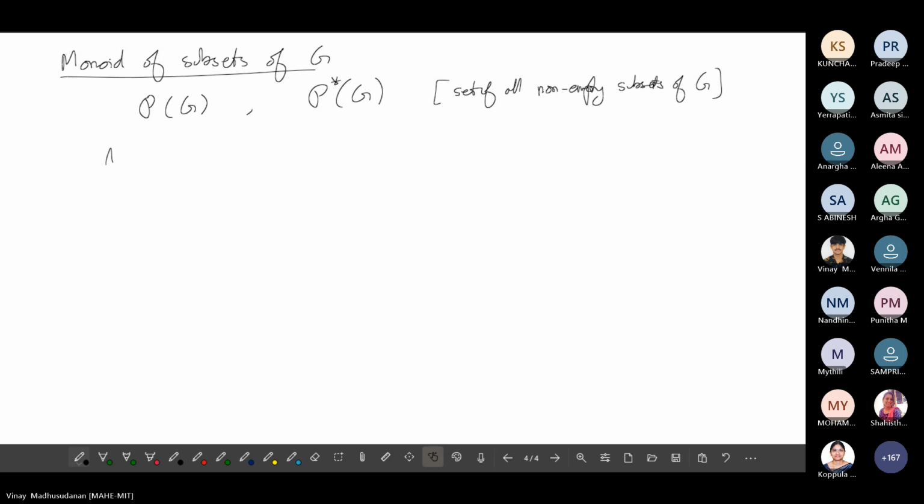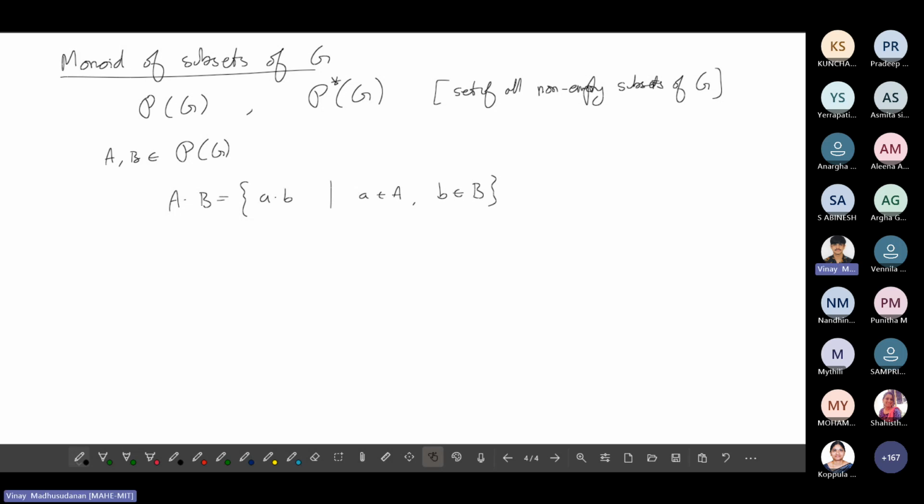So if A and B are two subsets of G, then I'll define A dot B as element-wise multiplication. By multiplication, I mean the group operation. So is there any problem in this definition? It's well defined.